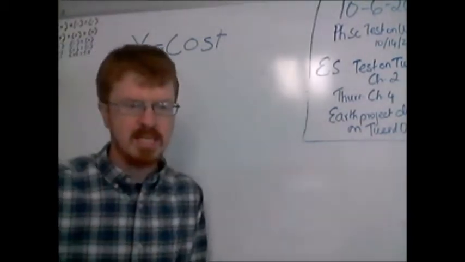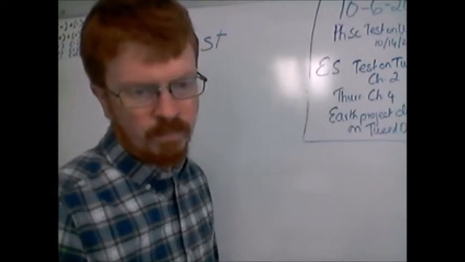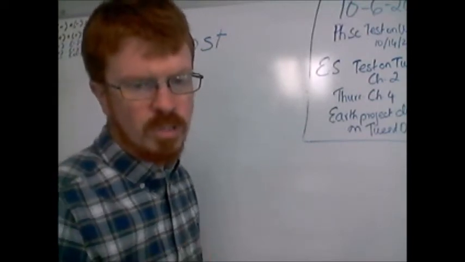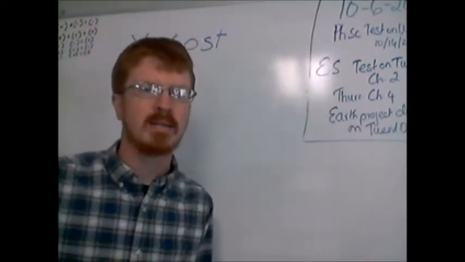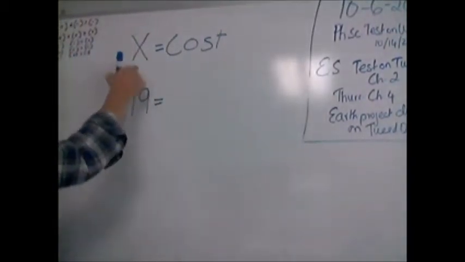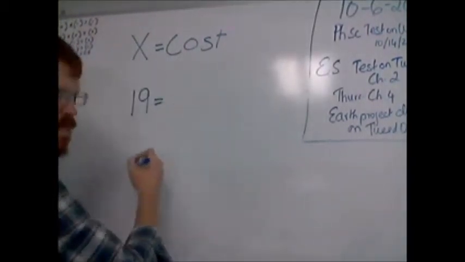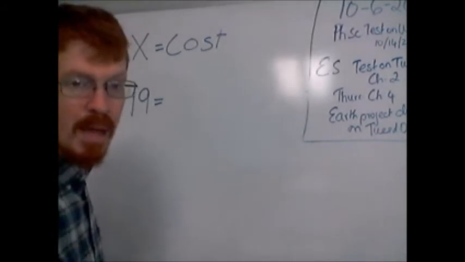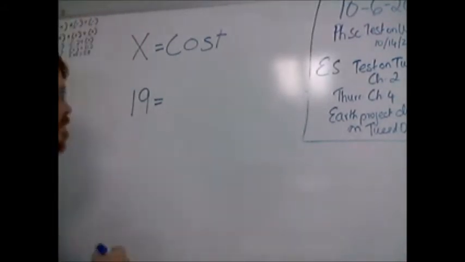19 is the result of dividing the cost of the racket by 3. Well, the cost here, we say is X, and we need to divide that by 3. How do we make it look?